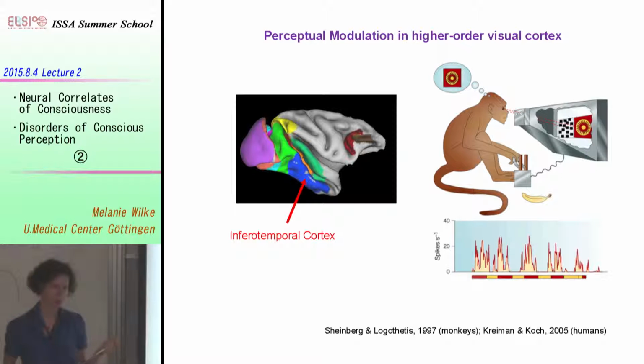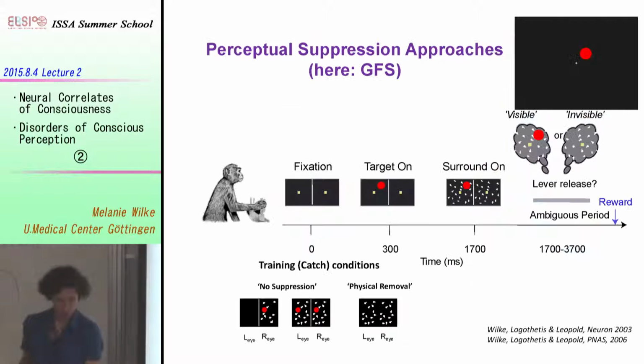Maybe I was distracted, but how do you know where the gaze is? Oh, the monkey is always fixating in a super small window. In earlier days, the monkey had an eye coil implanted, so this is how you would also do human experiments.